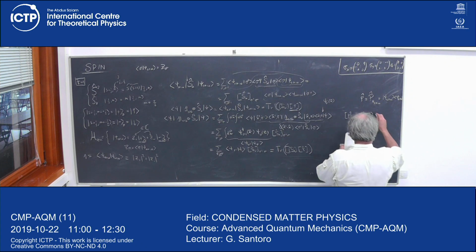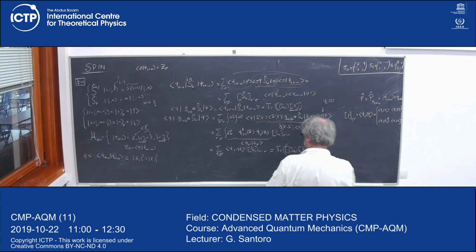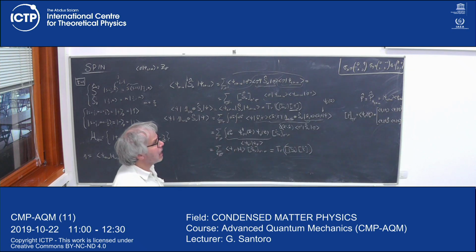Okay, and if I write it explicitly, it is the following 2 by 2 object: psi plus psi plus star, psi plus psi minus star, psi minus psi plus star, and psi minus psi minus star. Is it clear? Okay? Simply looking at this expression.